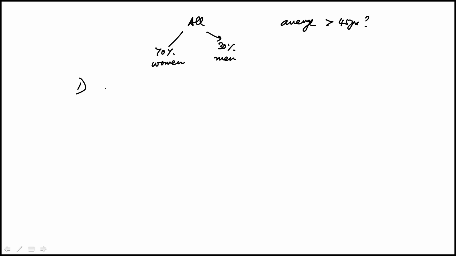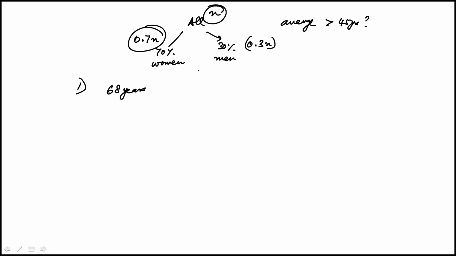Average age of the men in the club is 68 years. So here, the average age of everyone, if this is n, the total number, this would be 0.7n number of women. Men would be 0.3n.